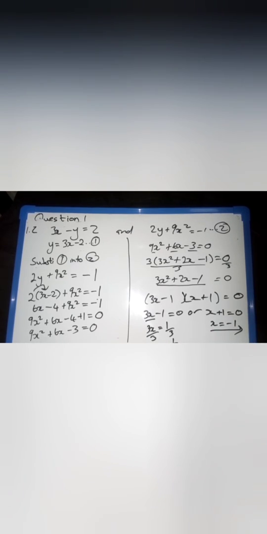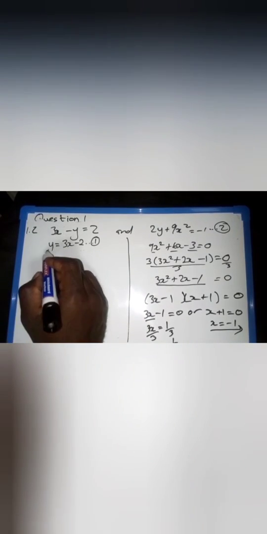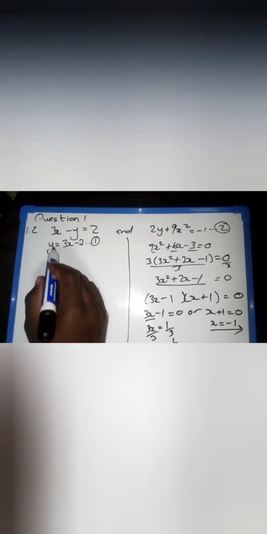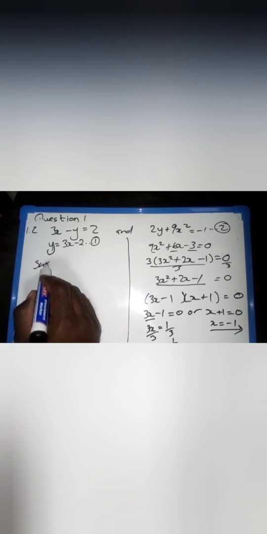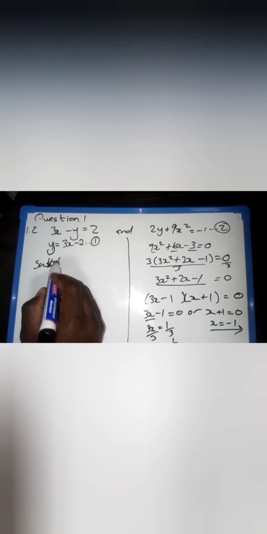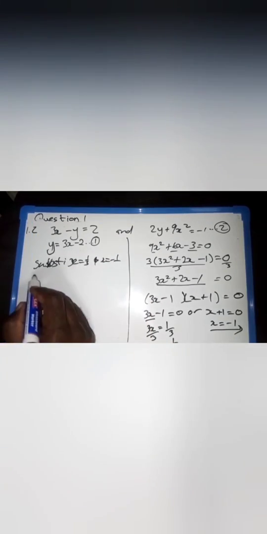Once you're done with finding the values of x, you have to find the values of y. I'm going to substitute my x values into here. Substitute x equals 1 over 3 and x equals negative 1 into equation 1.